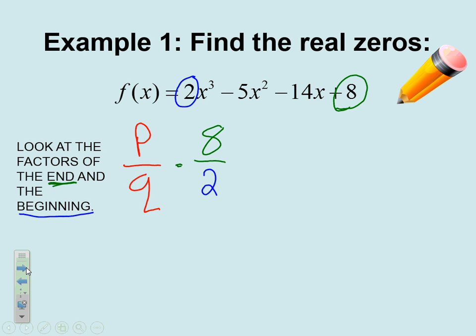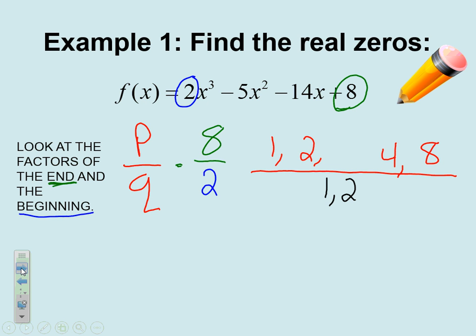That's where I'm getting that from. Now I need to figure out what the factors of these numbers are. So the factors of 8 are 1 and 8, and 2 and 4. Those are all of my factors. Now I have to find the factors of 2. Well, my factors of 2 are just 1 and 2.